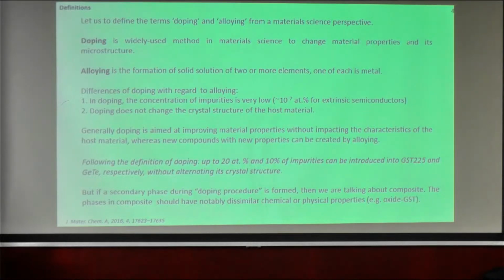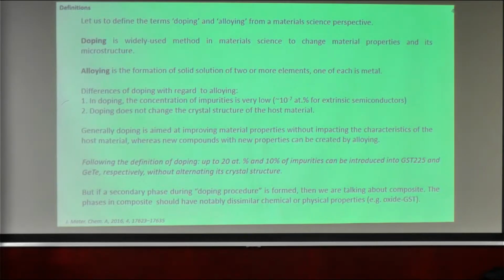And if these doping elements go onto these vacant sites, then we can talk also about doping. If these doping elements do not change the structure, then we are talking about doping. In all other cases, we will talk about alloying.